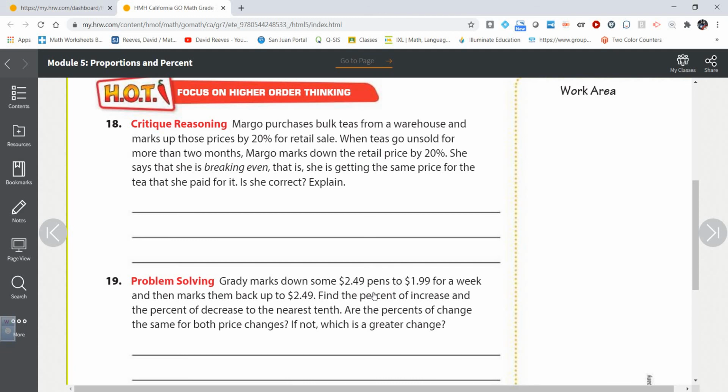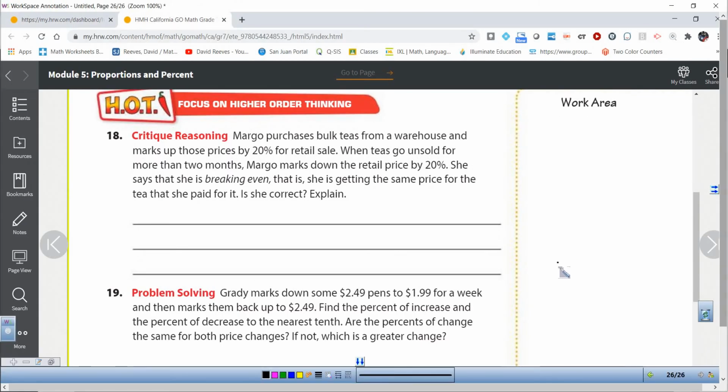This goes back to the percent of increase and the percent of decrease. So 50 cents over $2.49 is going to be less of a percent, right? If we look at that percent, then 50 cents over $1.99.